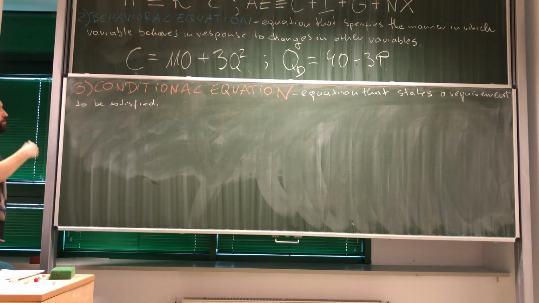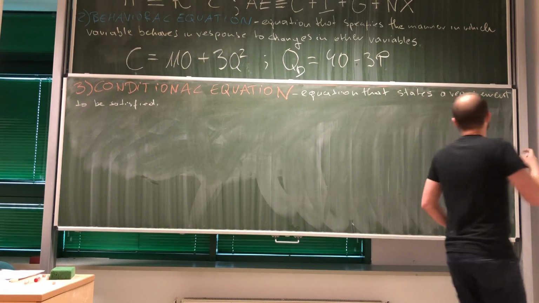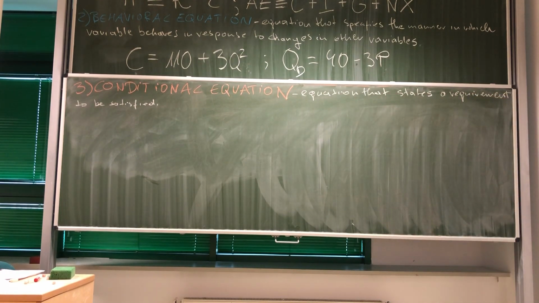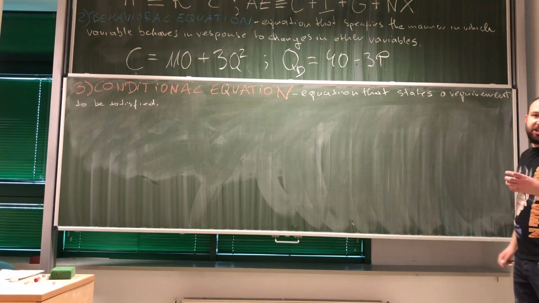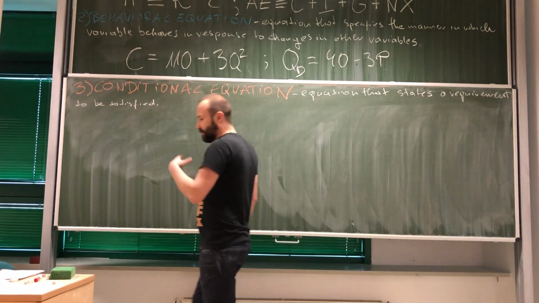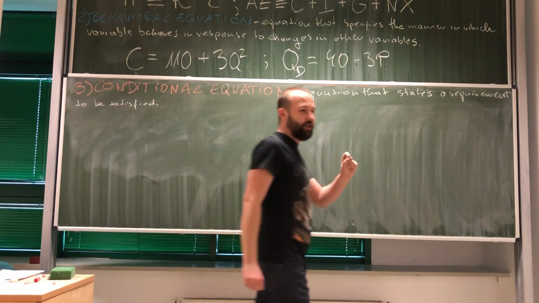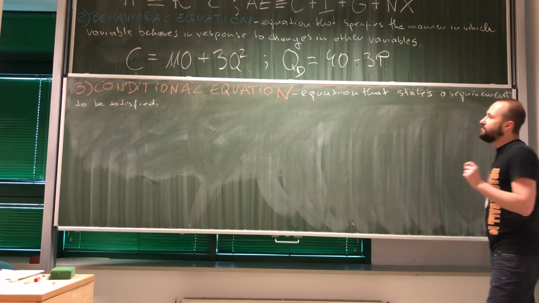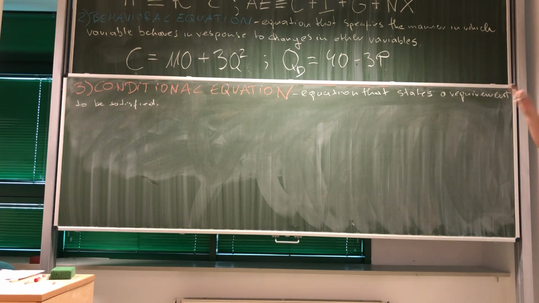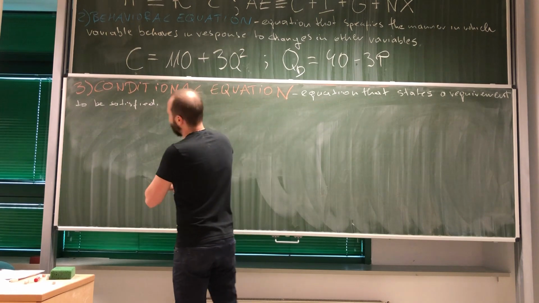Okay, so look, this is the type of equation where we would like our economic model to achieve some specific state. But before this state is achieved, some conditions need to be met. And basically, we get these conditions in conditional equation.